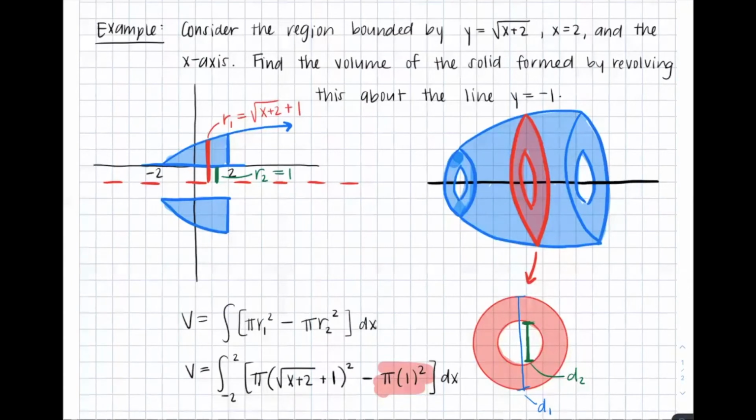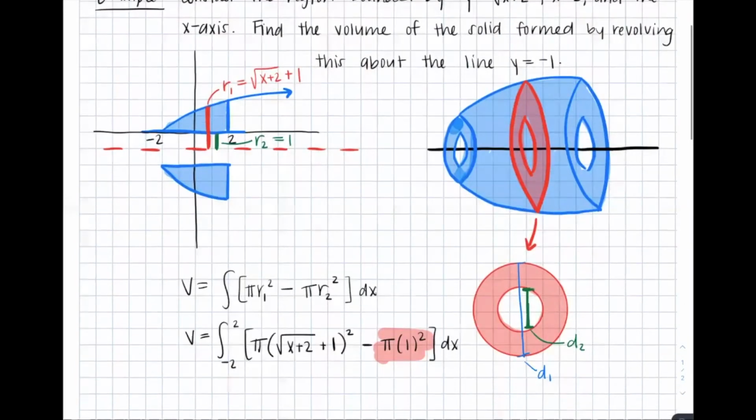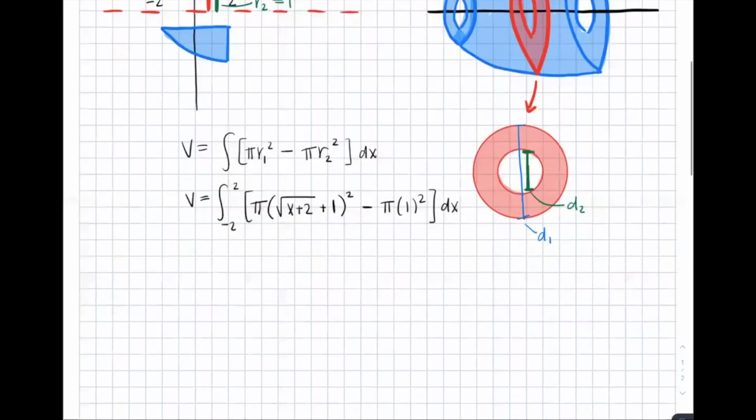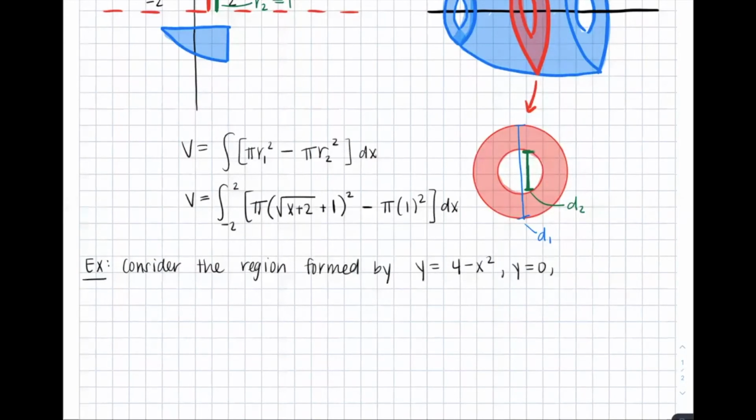So let's look at, consider the region formed by y equals 4 minus x squared, y equals 0, and y equals -1.